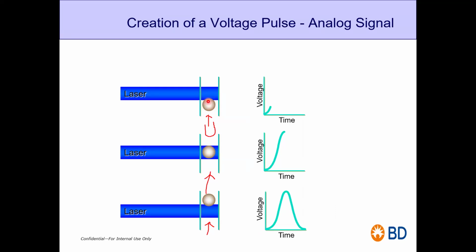When it hits the laser, there will be a voltage-time graph, and it will generate some signal. A little bit of signal at first, and when it is inside the laser, it will give you the maximum signal. Once it gets out of the laser, the signal goes down.